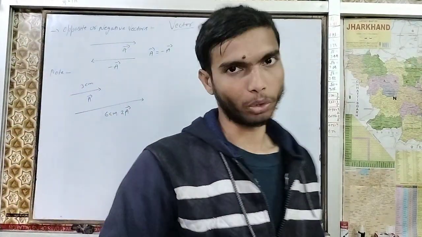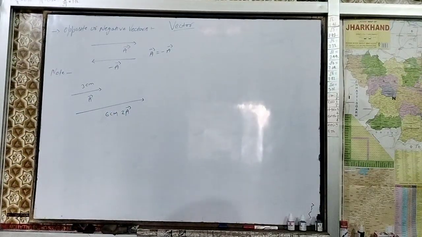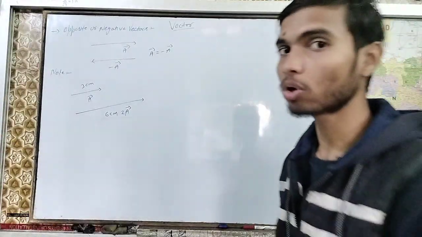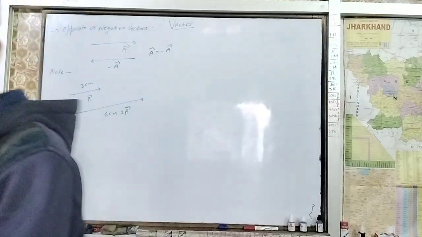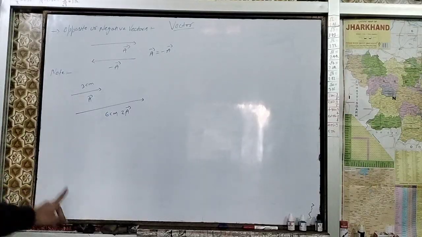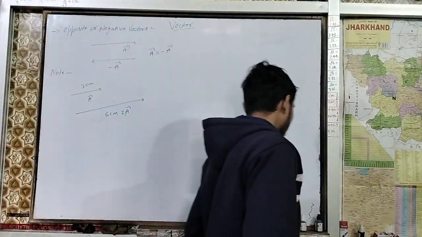Clear? Are you observing that direction is not changing? When we multiply the same vector by a positive real number, the direction didn't change.